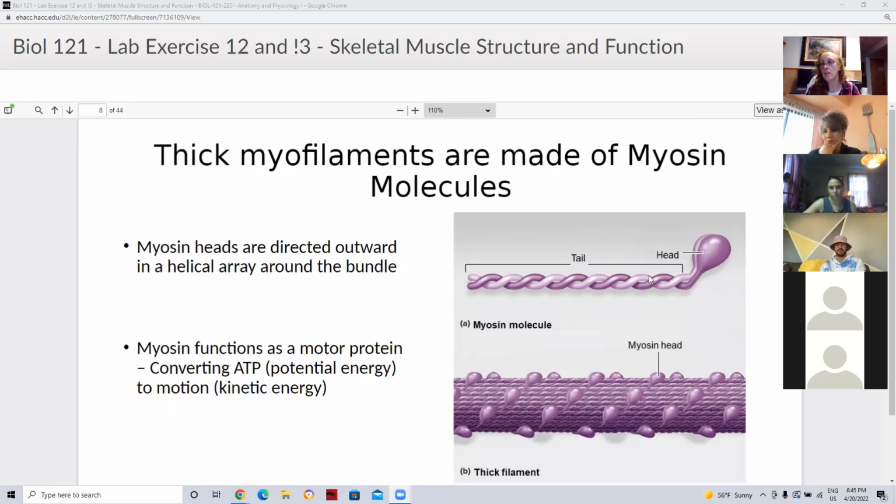You have a tail made of 2 heavy chains and a head made of 2 light chains that are wrapped around one another. The thick filament is a helical bundle of several hundreds of myosin molecules with the heads pointing outwards.